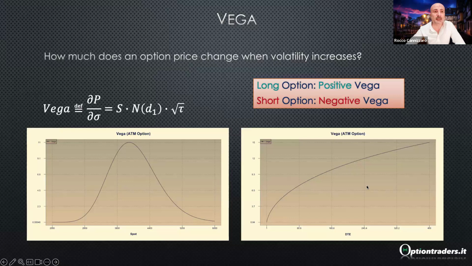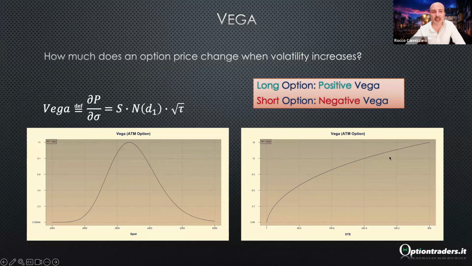Now on the right side is how Vega changes based on how far out in time you're buying or selling these options. Essentially, this chart shows you that much like longer dated options tend to have higher volatility, they also tend to have higher Vega.